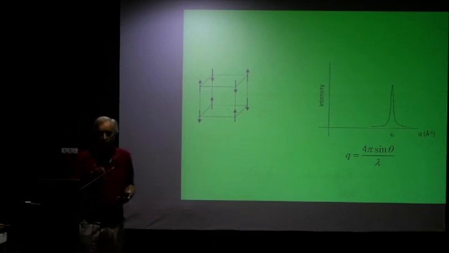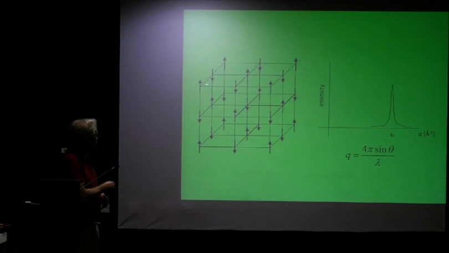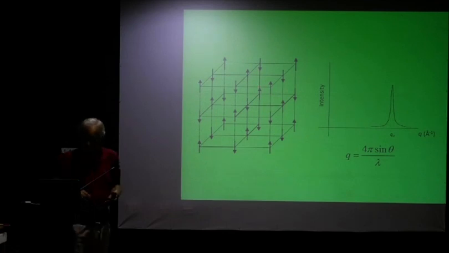But now, the magnetic unit cell is no longer this unit cell as in the ferromagnetic case, but it is twice this cell. So to be able to define this antiferromagnetism, you have to extend this over two cells here.